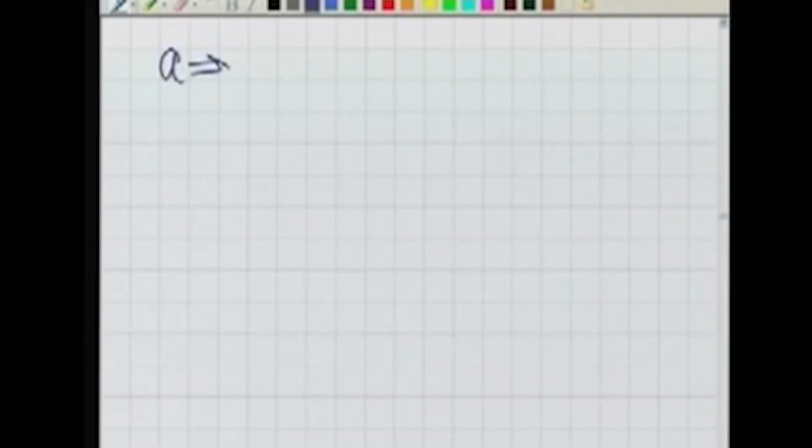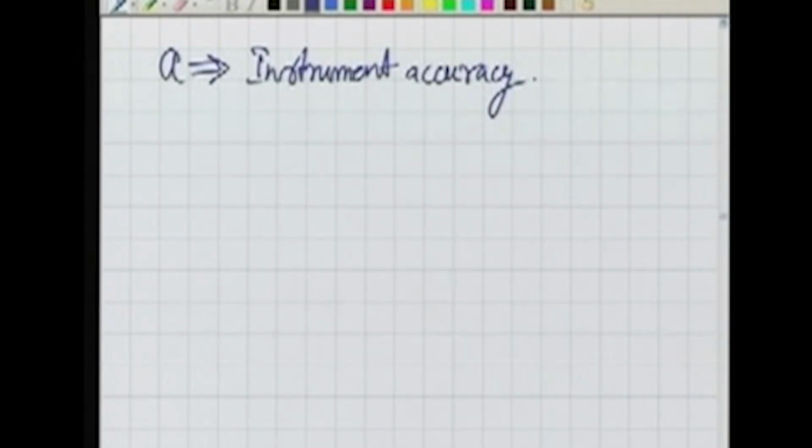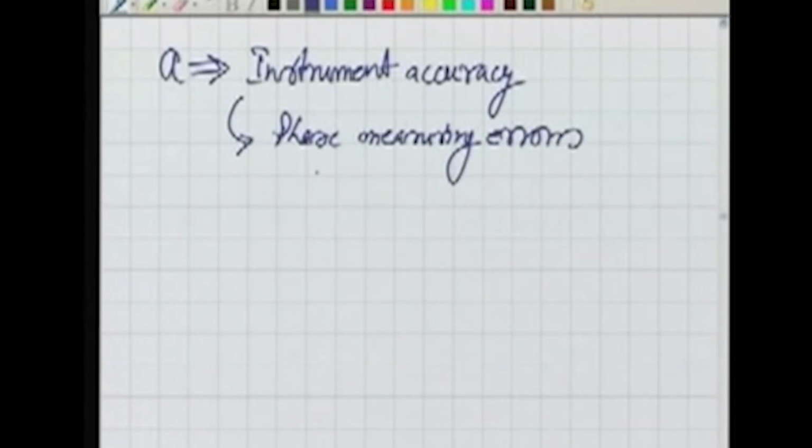First we will start talking about A. This A is called the instrument accuracy or error, the error in the instrument or accuracy of the instrument. What is the meaning of this? This is dependent upon the phase measuring errors and zero error.